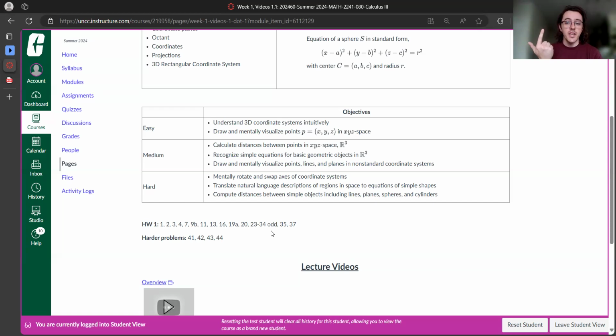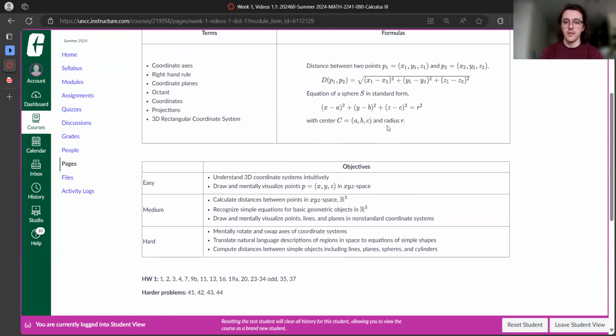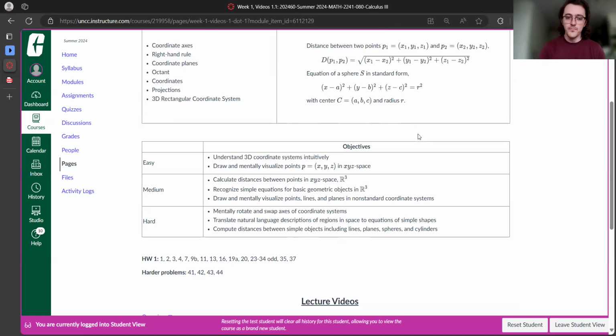And then sometimes there will be a third video consisting of explanations of maybe some extra complicated formulas, like maybe you don't understand the distance between 2 points formula or how it relates to the equation of a sphere. Or maybe we're talking about curvature and the formula just makes no sense to you. Those third videos that I'll post will be explanations of what those formulas are and how you get them. Things like derivations.